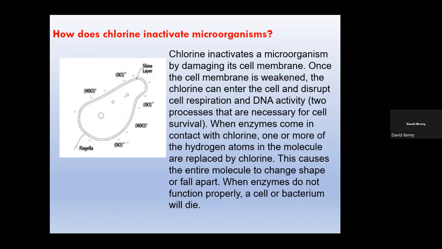When enzymes come in contact with chlorine, you have substitution. And as a consequence, the enzyme does not function properly. And all living cells require enzymes to function properly. So if the enzymes do not function, then the cell eventually dies. So this principle is well thought of in the literature and highly explained. Many papers have been written on this. So we accepted that this is how chlorine works.